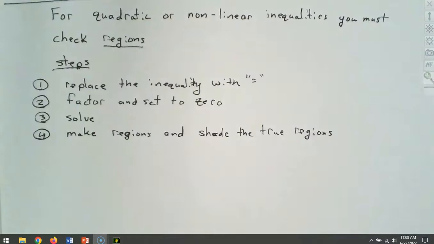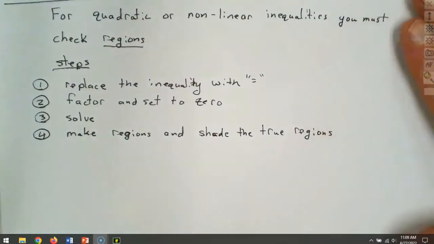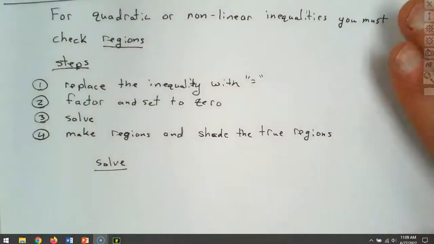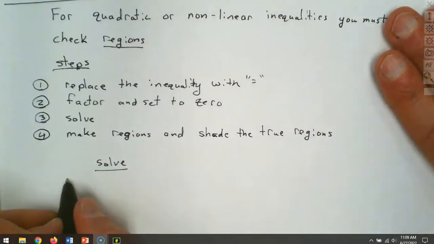Okay, there's 3 of them in your homework. So I'm going to do one like each one of these. Now, sometimes they're already factored, and they're already set to 0, and that's nice. So this one's already been factored and already set to 0.